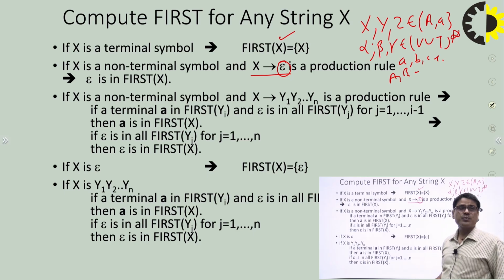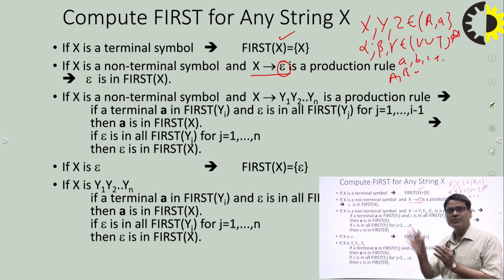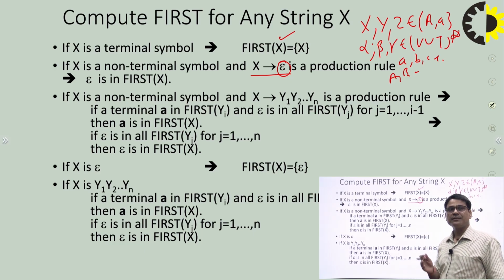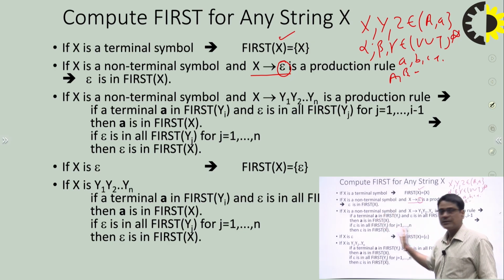The third rule is very important, and this rule is basically used when the right hand side of the non-terminal derives epsilon. So whenever something has an epsilon production, at that time you will use this third rule.